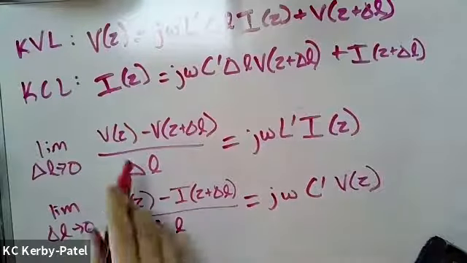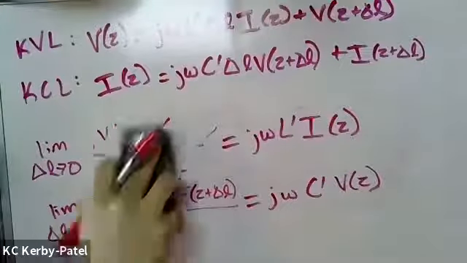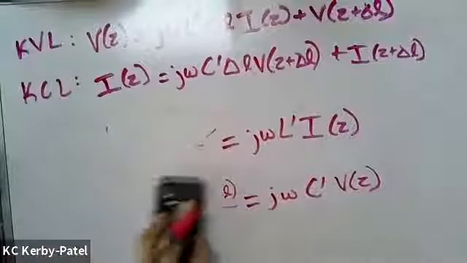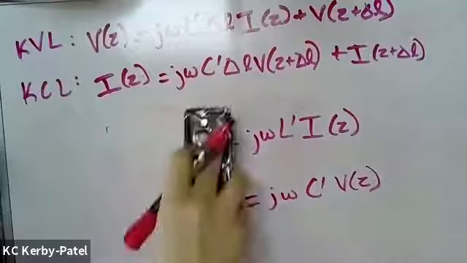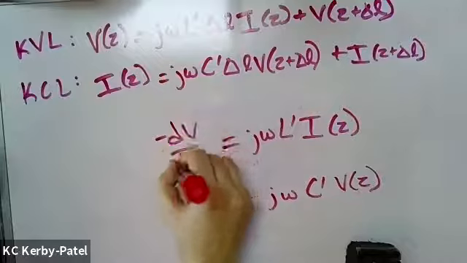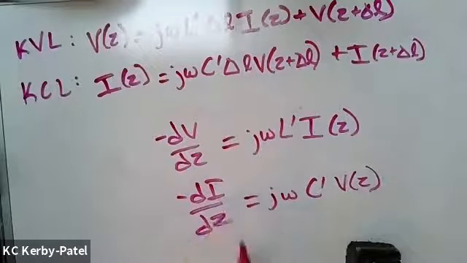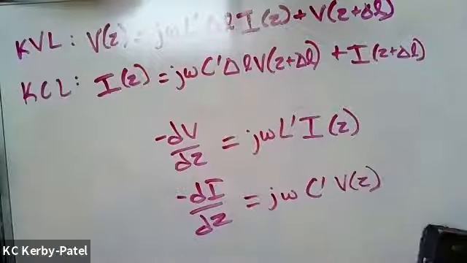Well, these are both derivatives, right? So if I replace those two things by minus dV dz over here and minus dI dz over here, these are sort of the transmission line version of Ampere's law and Faraday's law.